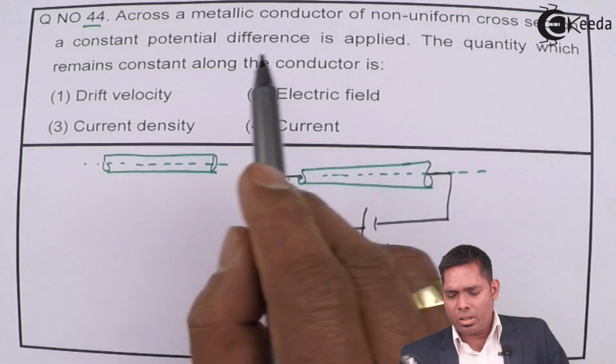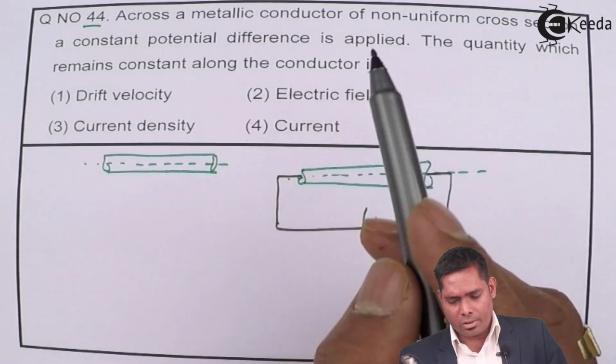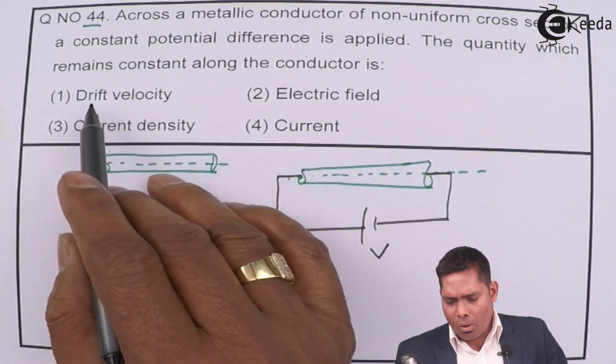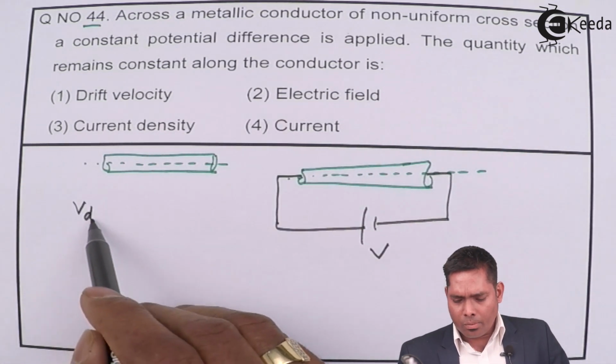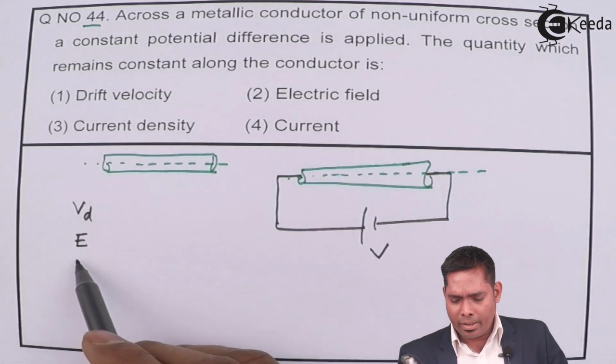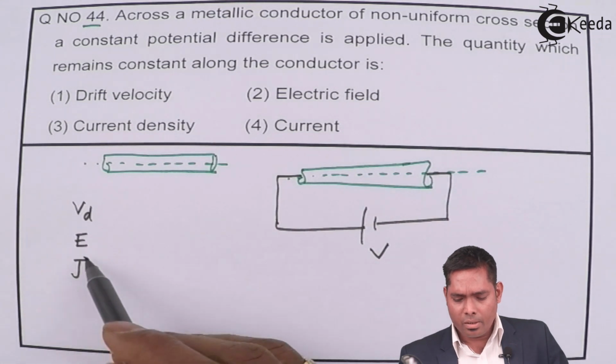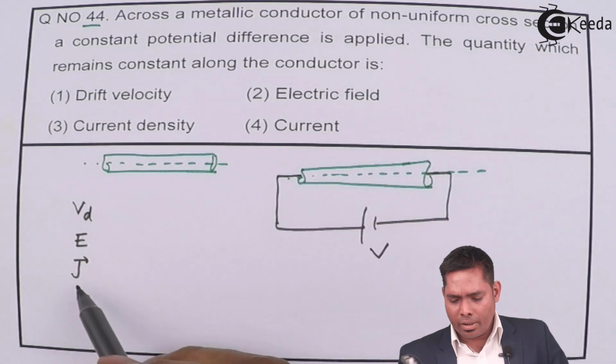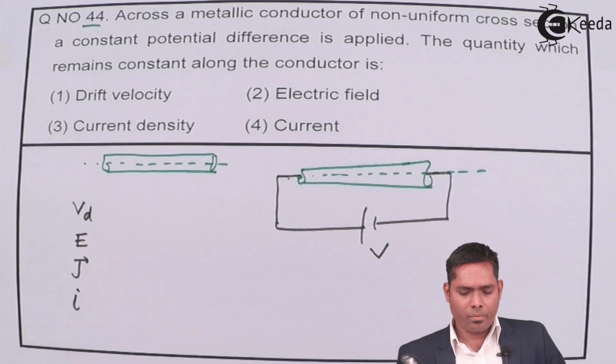The quantity which remains constant along the conductor is: we have the options: the drift velocity, option 1; the electric field, option 2; the current density J, a vector quantity; and the current I, a scalar quantity.